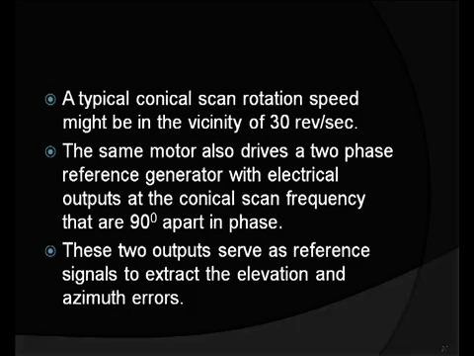The same motor also drives a 2-phase reference generator with electrical outputs at the conical scan frequency that are 90 degree apart in phase. These two outputs serve as reference signals to extract the elevation and azimuth errors.